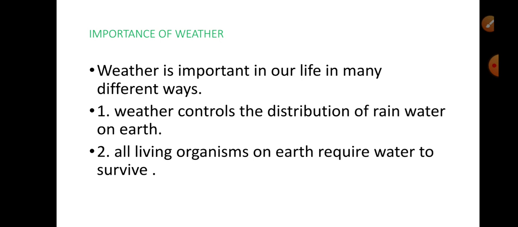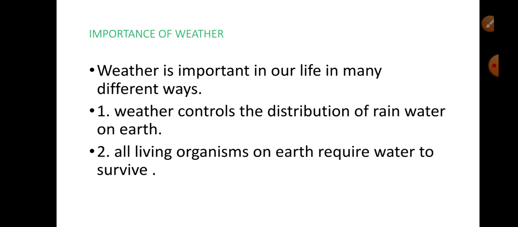Now, why is weather important for us to know, or why do we follow this weather forecast every day, right? Weather is important in our life in many different ways. First, weather controls the distribution of rainwater on earth. If it is cloudy weather, maybe it can rain heavily.